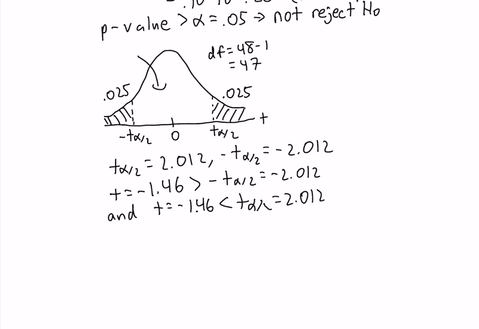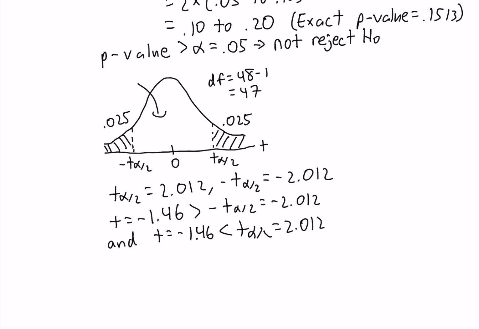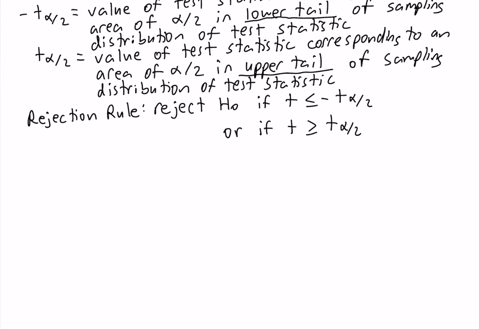So neither of the conditions of the rejection rule are satisfied. Only one of these conditions needs to be satisfied. Either the test statistic has to be less than or equal to negative t alpha half, or it has to be greater than or equal to positive t alpha half. Neither of those conditions are satisfied because it's greater than negative t alpha half and it's less than positive t alpha half.